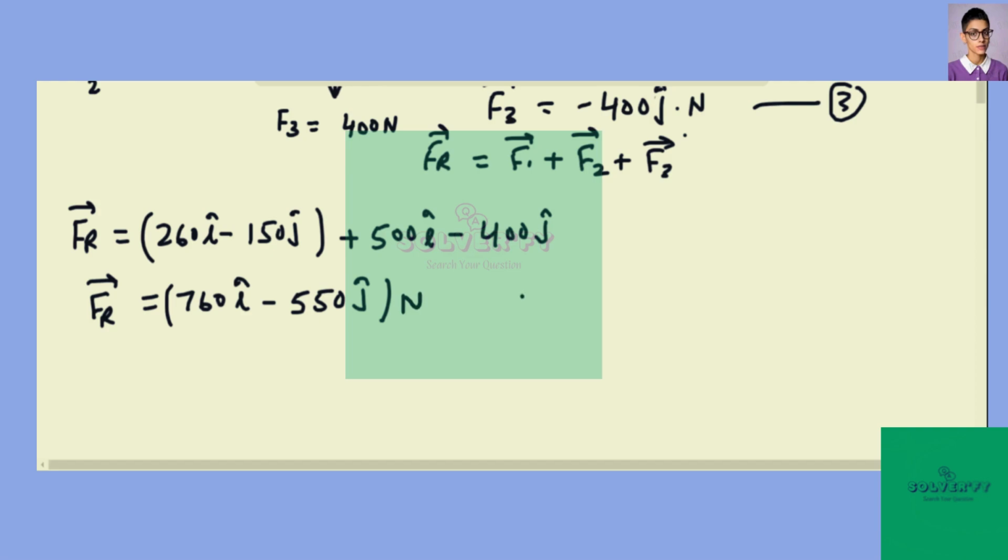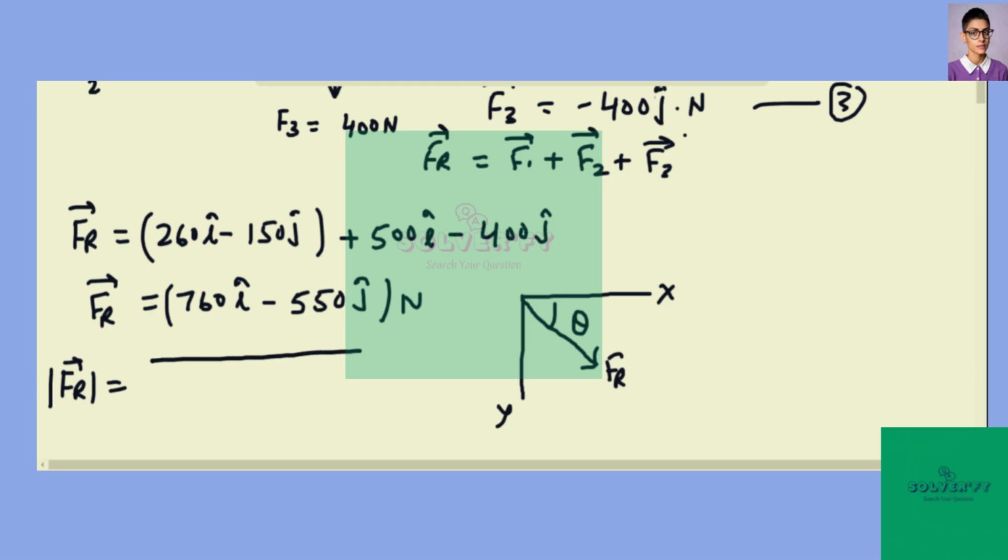Now you can draw the diagram of this resultant force. This is your x-axis, negative y-axis. This would be the resultant force. You can find the magnitude of the resultant force and its direction. The magnitude of the resultant force will be the square root of the x component squared, 760, plus the y component squared, minus 550.